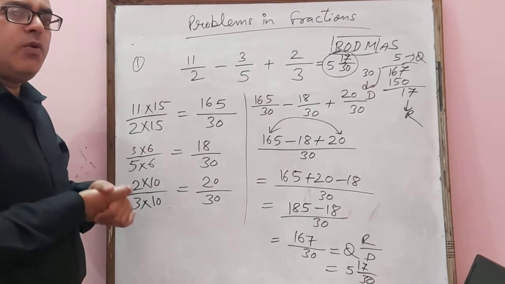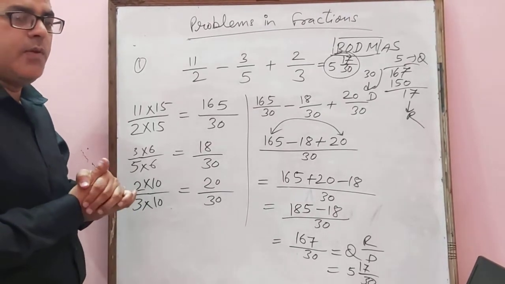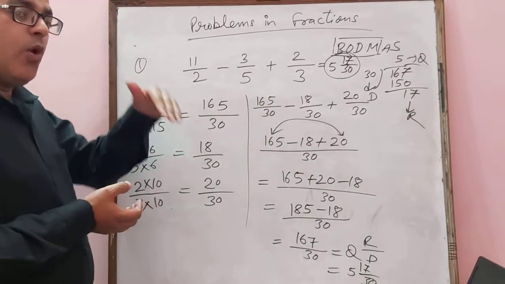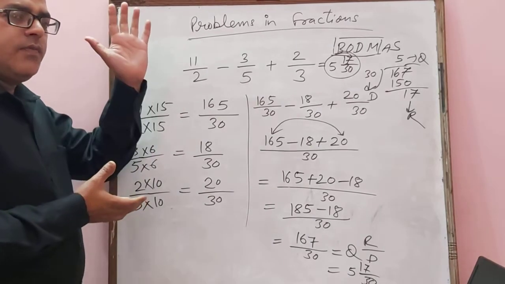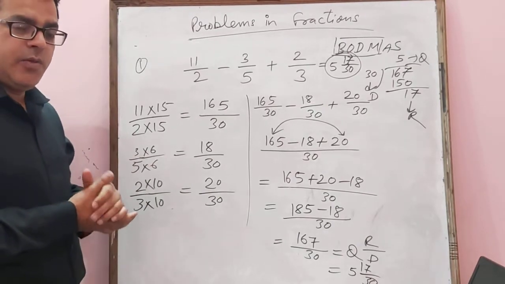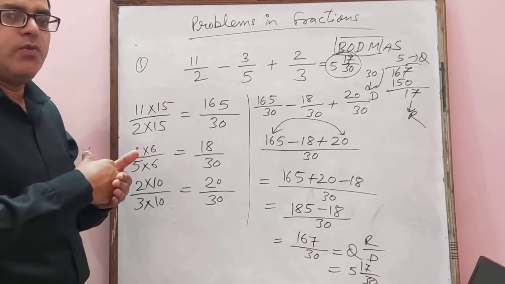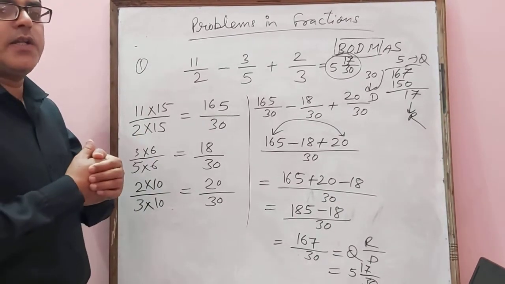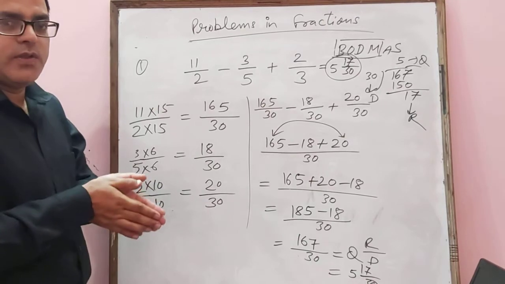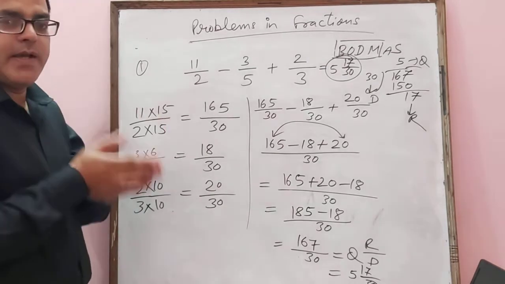So in the next video I will solve all your queries and doubts if you have any. If you have any other problem that we have already discussed in our previous videos, like how we can write numbers in the Indian numeration system and the international system, or what the place value is, what the face value is, how we can make numbers from given digits, how we can read them, what the place value system is, if you have any problem regarding these topics also, you can message me please.